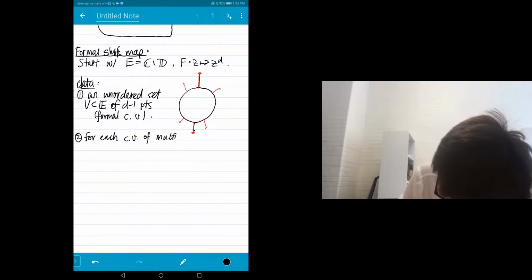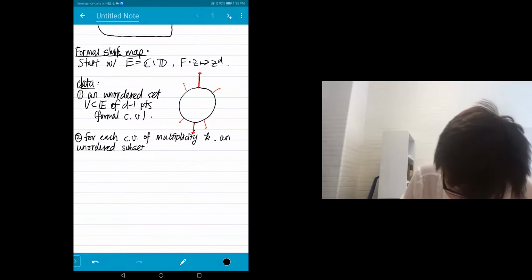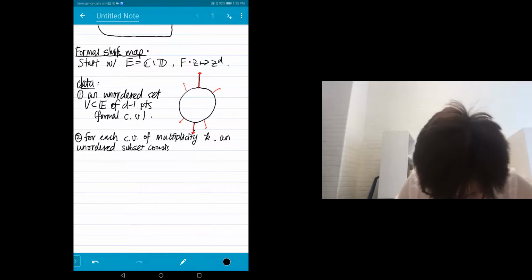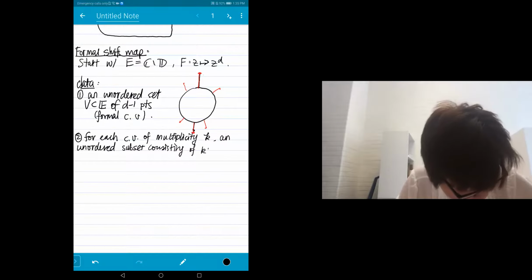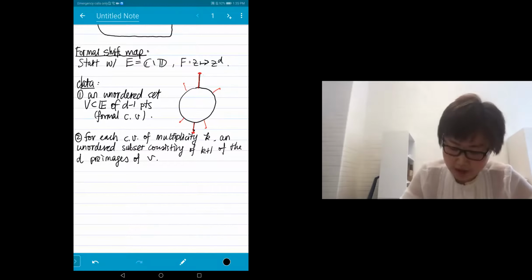So for each critical value of multiplicity k, you find an unordered subset consisting of k plus 1 of the D pre-images of V. So generically in degree 2, the picture just looks like this.